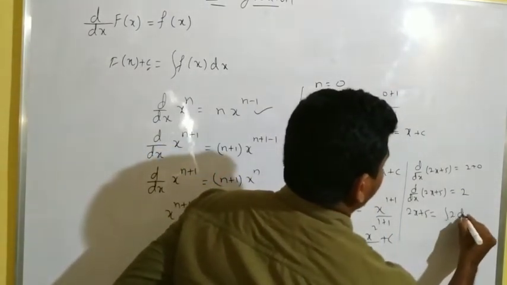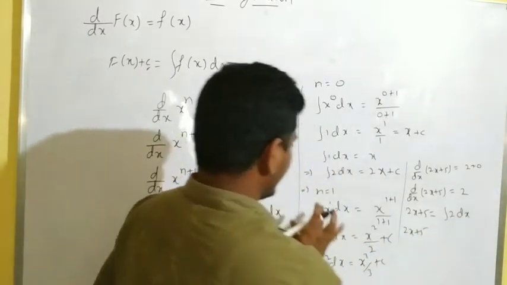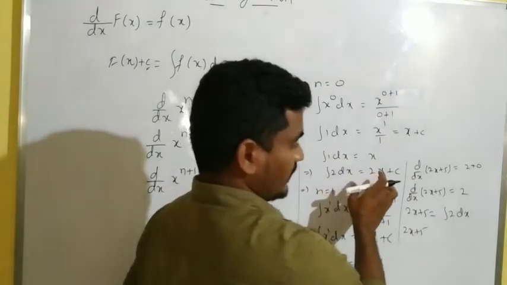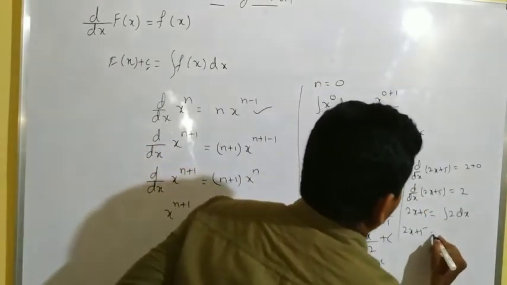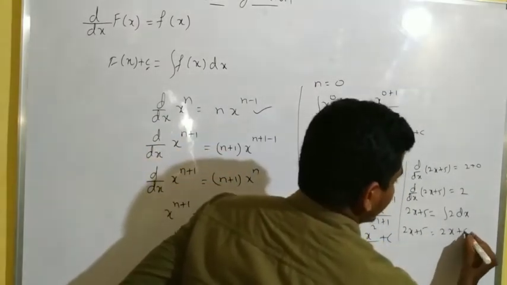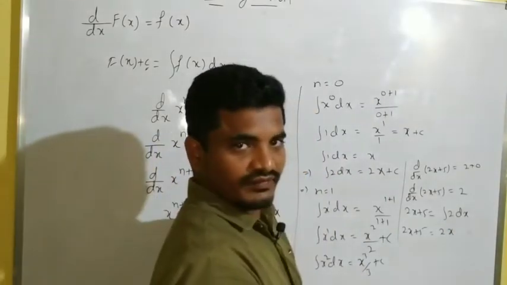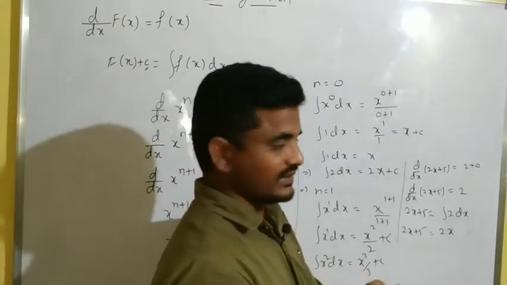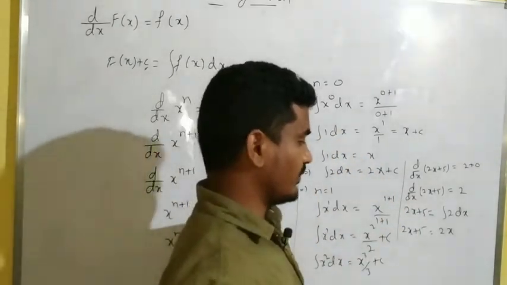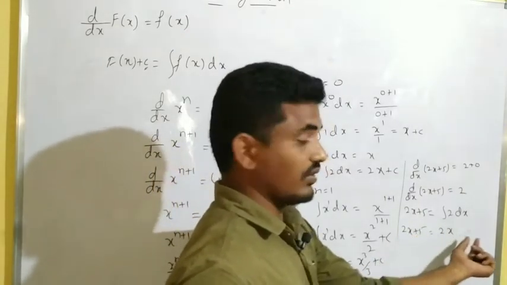The right side is the integration of 2 dx, and 2 is a constant, so the integration is 2x, and then we get a c. If you don't take c, we get 2x but we do not get the 5.